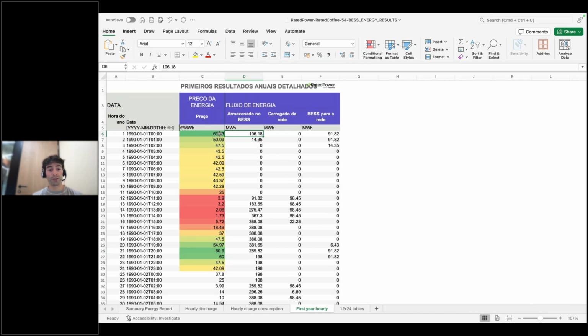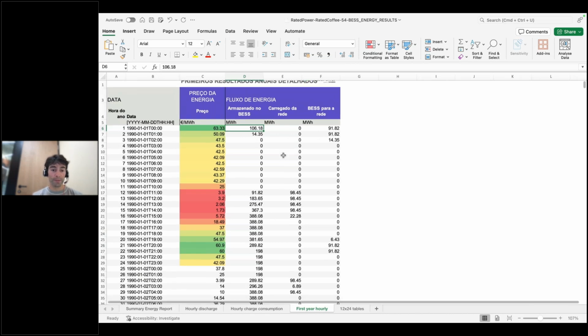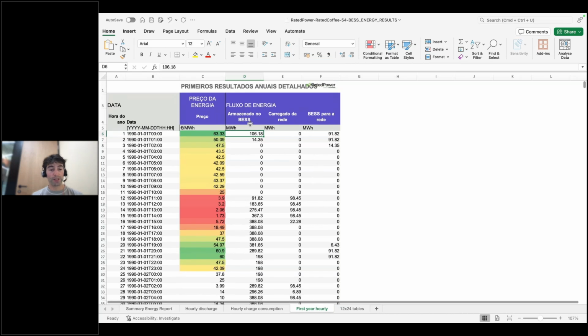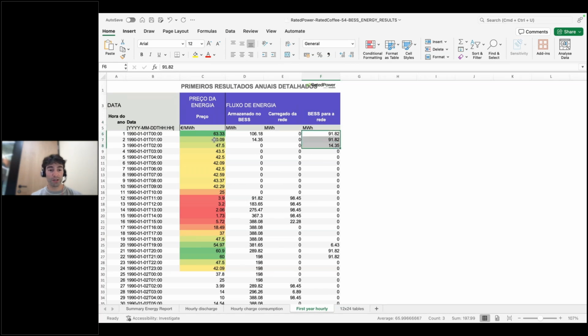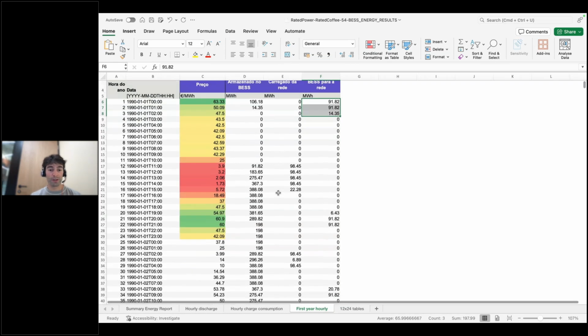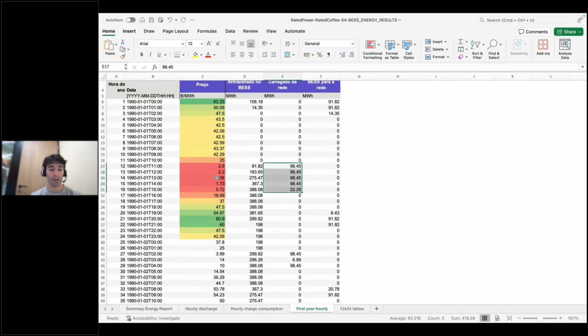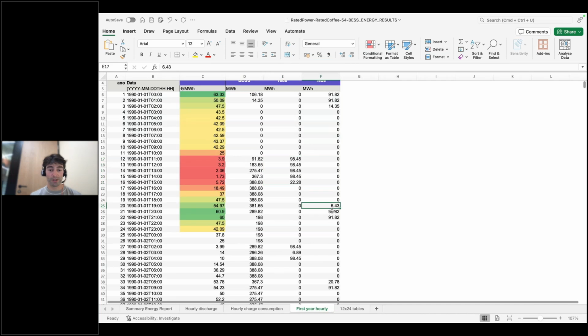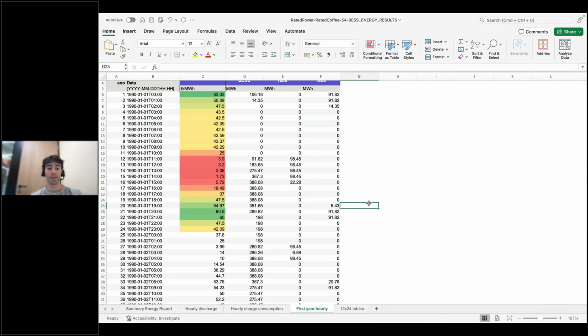So you see here how it is discharging when the prices are higher. Sorry, this is the energy stored in the battery, and this is the actual discharge to the grid. So you see how it is discharging when prices are higher, and it has still charge in the battery, and then how it charges when the prices are lower, and how it discharges again when the prices are higher.